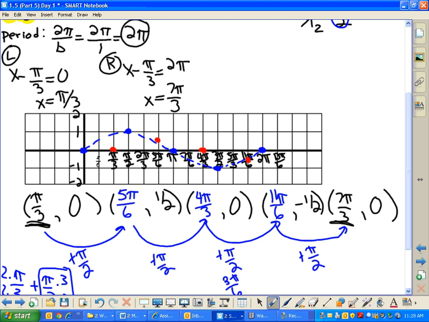And then 7 pi over 3 would actually be the same as 14 pi over 6. That last little tick mark there. I have to stop now on the axis because it's at 0. So there's a couple of transformations that happened. That's what that curve looks like.